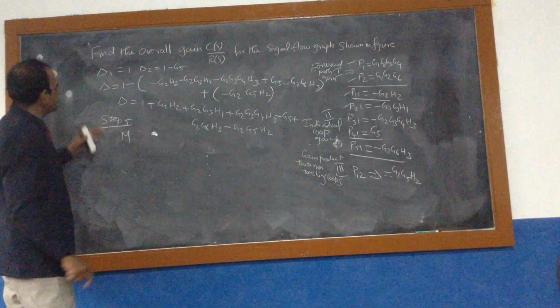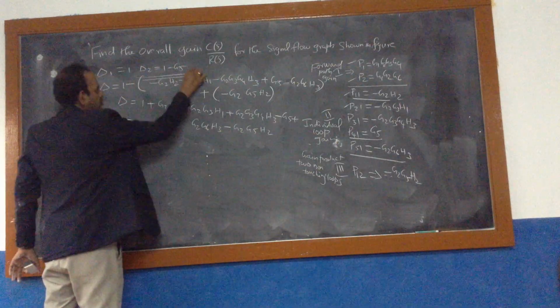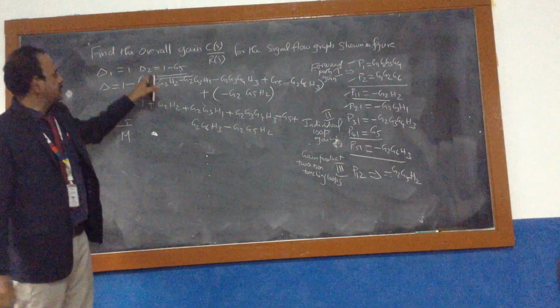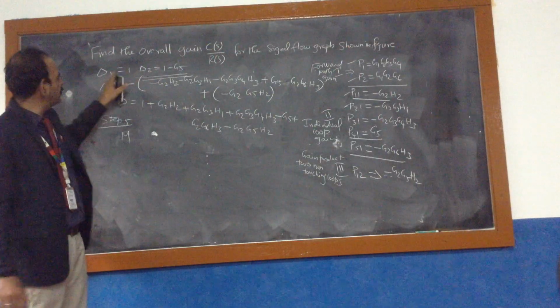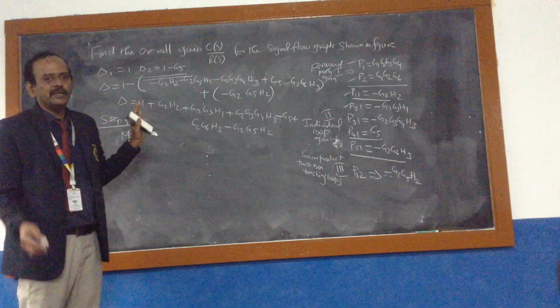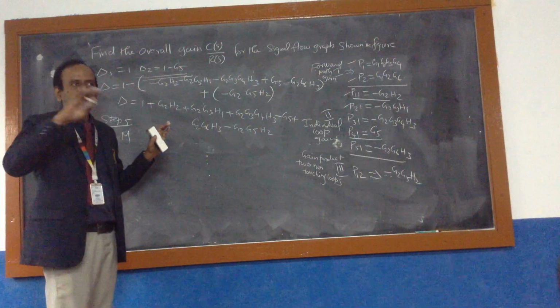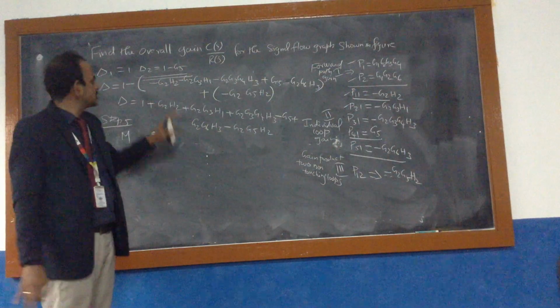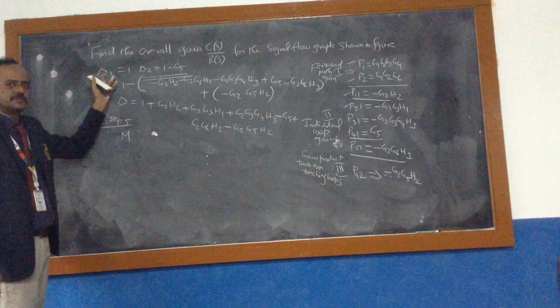Next we have found del 1 and del 2. Mostly students find it difficult to find del 1 and del 2, but it is very easy. Make del 1 always 1. Why 1? Because, as already told, there is no part of the graph which does not touch the first path, so we write 1 minus 0.